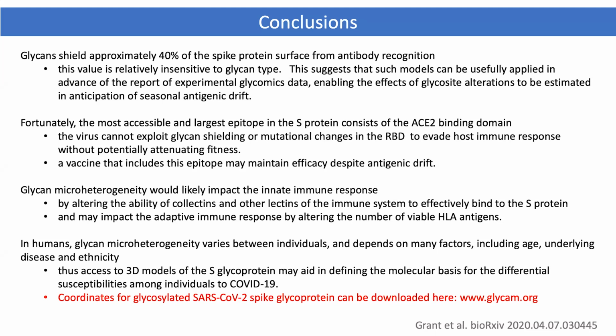And as you hear these factors and you think about COVID-19 pathogenesis, to me at least, I start to think that glycan microheterogeneity may very well be responsible for differences in innate immune response between individuals. So looking at these 3D structures may really help when we get glycomics data from isolates, we may be able to relate that to pathogenicity.